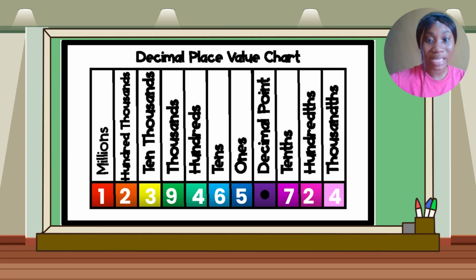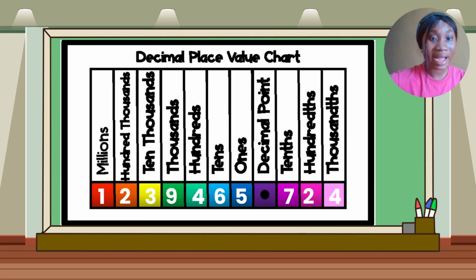In the thousands place, I have 9, which is 9 times 1,000, that is 9,000. In the 10,000s place, I have 3, which is 3 times 10,000, that gives you 30,000. In the 100,000s place, I have 2. That is 2 times 100,000, that gives me 200,000. And finally, in the millions place, I have 1. So 1 times 1,000,000 gives me 1,000,000. So that is my whole number part.